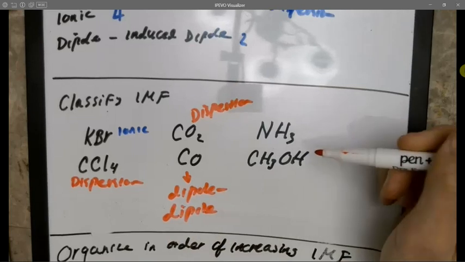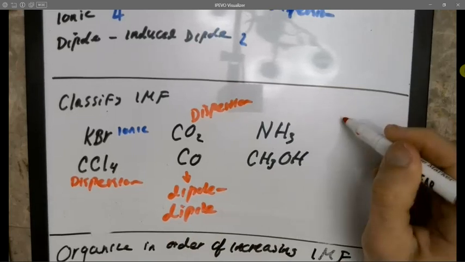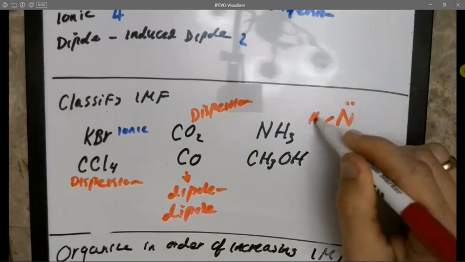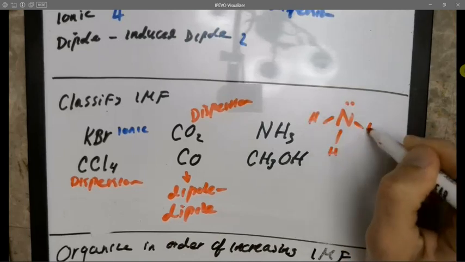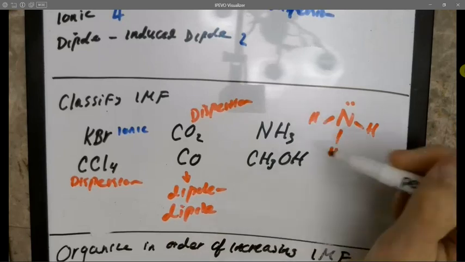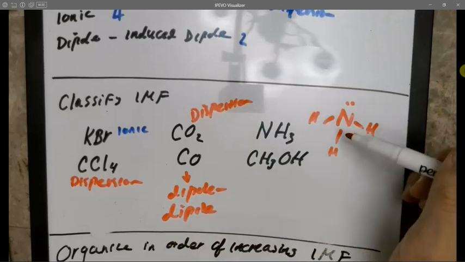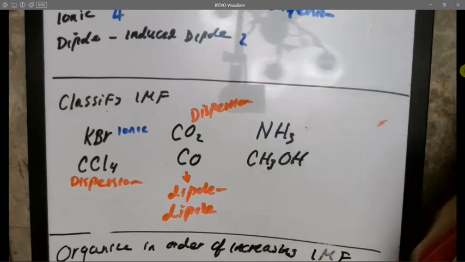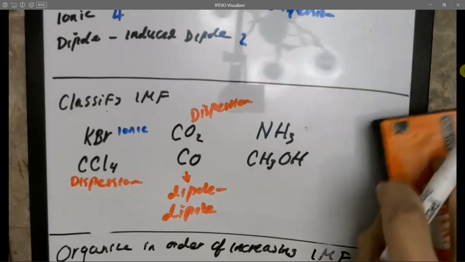NH3, if you look again at that chapter, would look like this. So it's trigonal pyramidal, and therefore this thing is polar. And so since this is polar, it is not ionic, but it's polar.